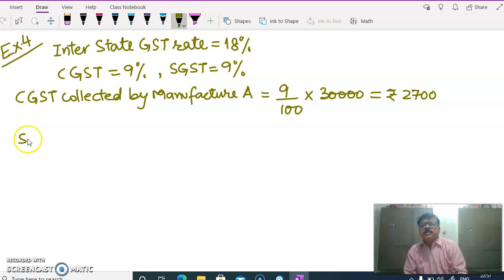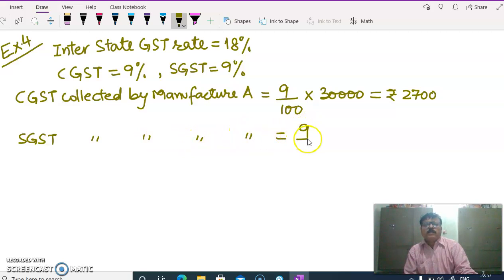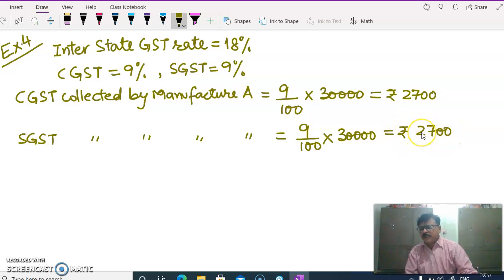And what about SGST? It will also be the same. SGST collected by manufacturer A will again be 9% of the selling price, which is 30,000, which is rupees 2,700.